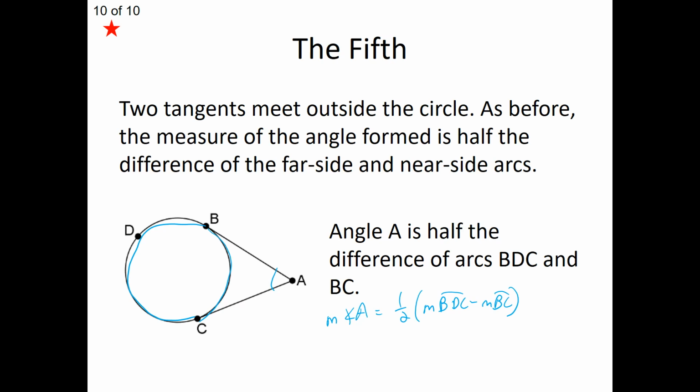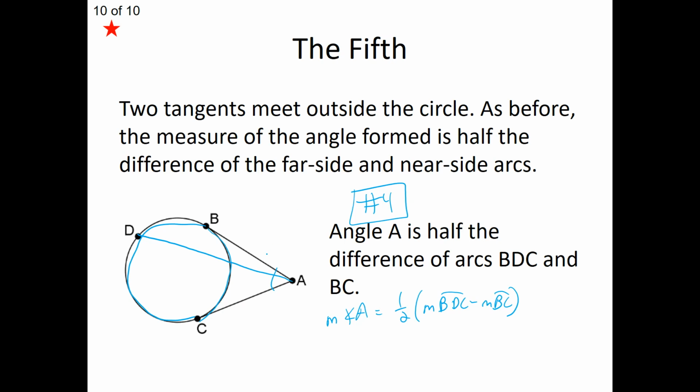That is what we're going to prove, and I'm going to leave this one for you to do on your own, but I'm going to give you a piece of advice. What helps you prove this 5th case is case number 4. Why is case number 4 going to come in handy? Let me explain what you're going to do. You're going to take point A and connect it to point D. And what you form then is our case number 4, an intersection of a secant and a tangent on the exterior.